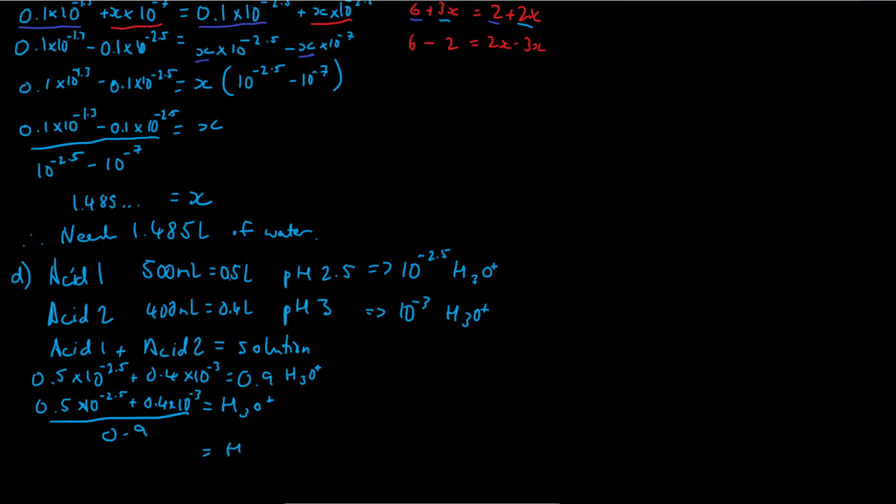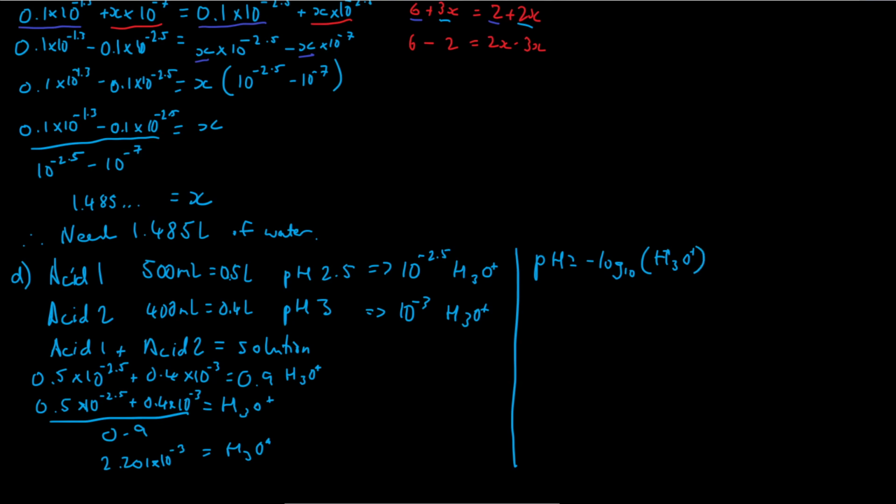And put that into the calculator. What do we get? We'll get something very close to 2.201 times 10 to the negative 3. And that's our concentration of H3O+, but we want our pH. Remember our pH formula? pH equals negative log 10 of H3O+.